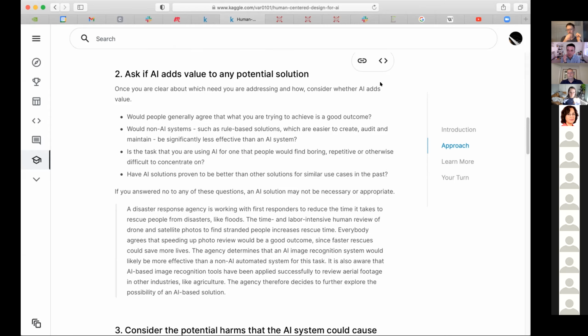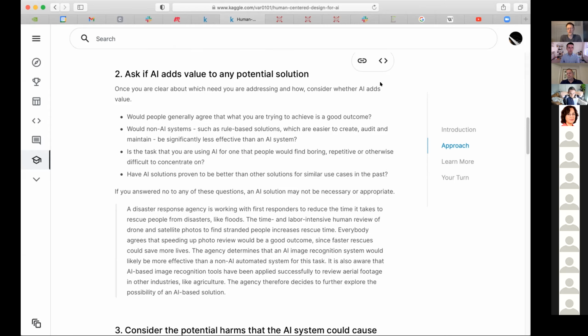Disaster responders may be able to leverage AI products to predict where they might need to rescue people during floods. So this can be an absolutely life-saving endeavor. Time and labor-intensive human review of photos can take time that the rescuers may not have if it is a time-critical situation.